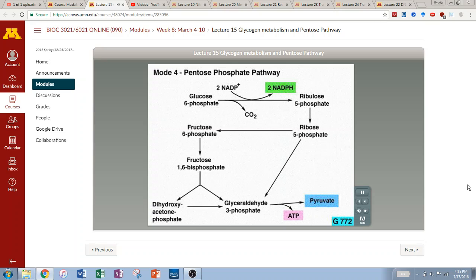The first phase of the pathway, which runs from glucose 6-phosphate to ribose 5-phosphate, involves the oxidative generation of NADPH. The second phase involves the non-oxidative conversion of 5-carbon sugars to intermediates of glycolysis, such as fructose 6-phosphate, glyceraldehyde 3-phosphate, and pyruvate.